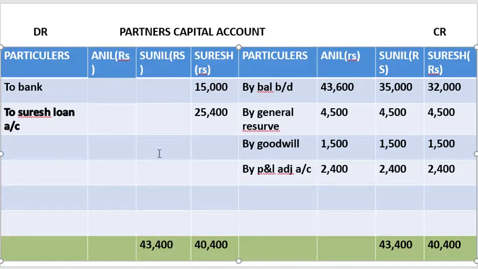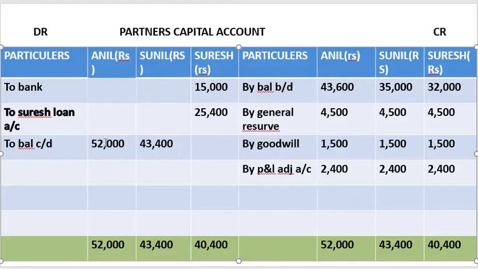Now the difference is the same, 43,400, this will be going as balance carried down, and here we'll be getting 52,000. Balance we get 52,000.